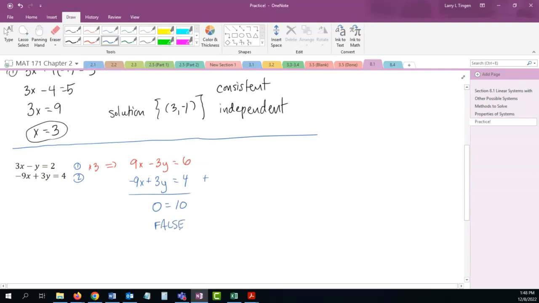And if all the variables fall away and I get something that's false, that means there are no solutions to this system. Which means I have the empty set as my solution set, making the system inconsistent, but still independent because it's not the same line twice.